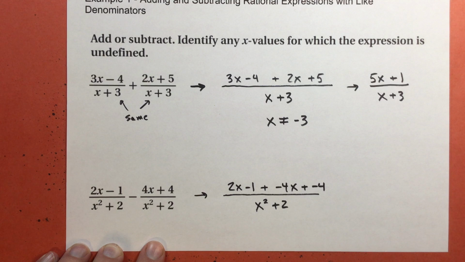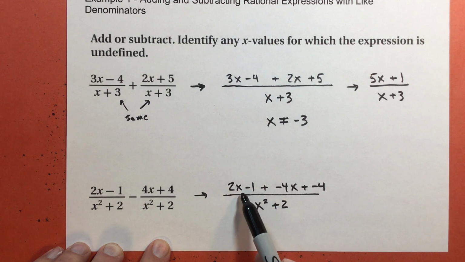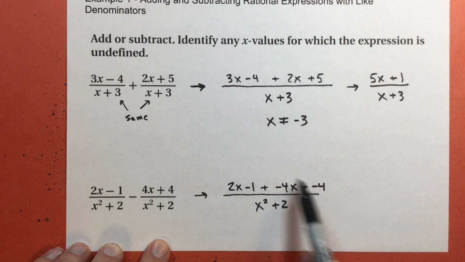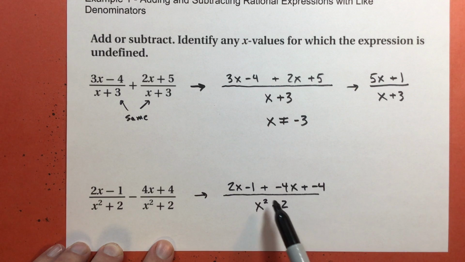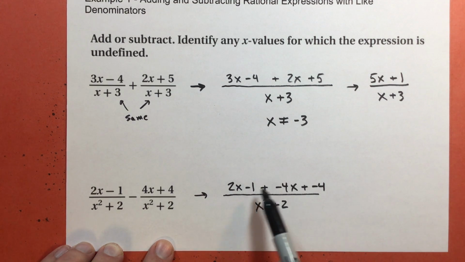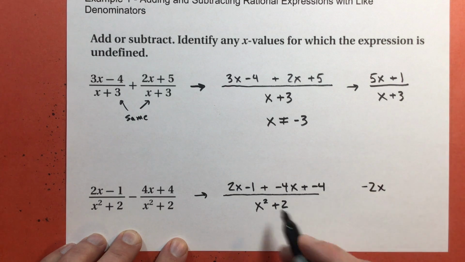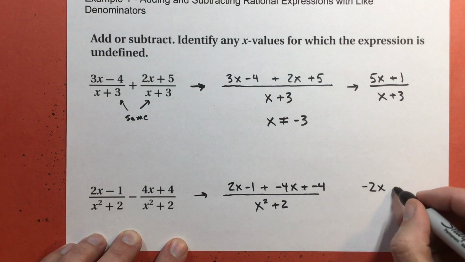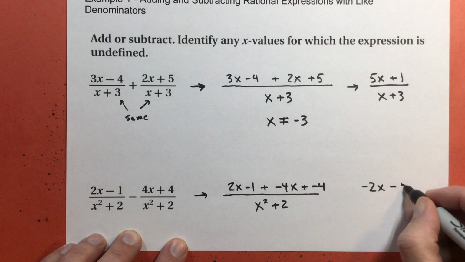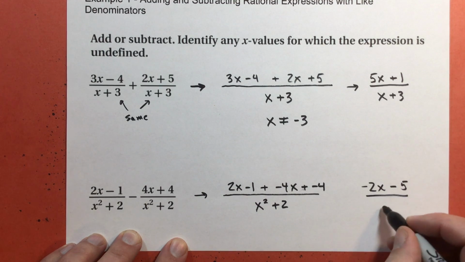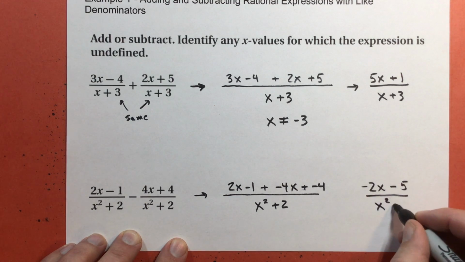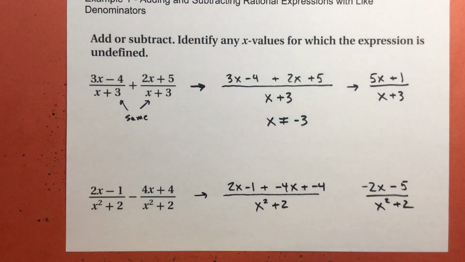But I usually find that it's easier if I explain it in terms of adding negative whatever. So now I'm going to simplify in the top, combine my terms. 2x plus negative 4x is negative 2x. And negative 1 plus negative 4 is negative 5, which is the same as subtracting 5. And of course, my denominator is still x squared plus 2.